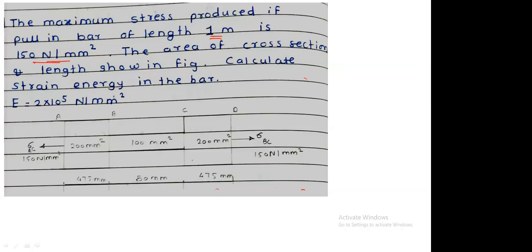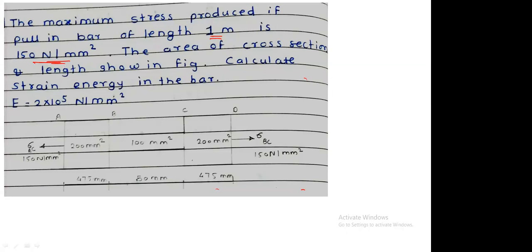So what they have given is the maximum stress produced in the bar of 1 meter length. This 1 meter represents the total length of the bar, and in that 1 meter length of the bar, the maximum stress produced is 150 Newton per mm square.